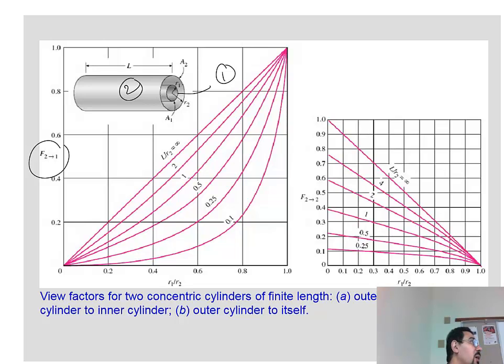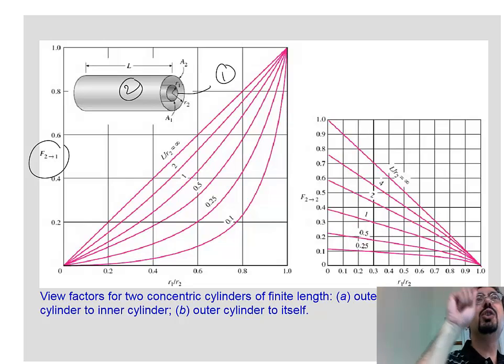It's the same. No? Think again. What is F12? What does it mean? What's the definition of F12? What is it in words? Like if you're explaining it to your 10-year-old child, you would say what? F12 is the fraction of radiation leaving 1 going to 2.